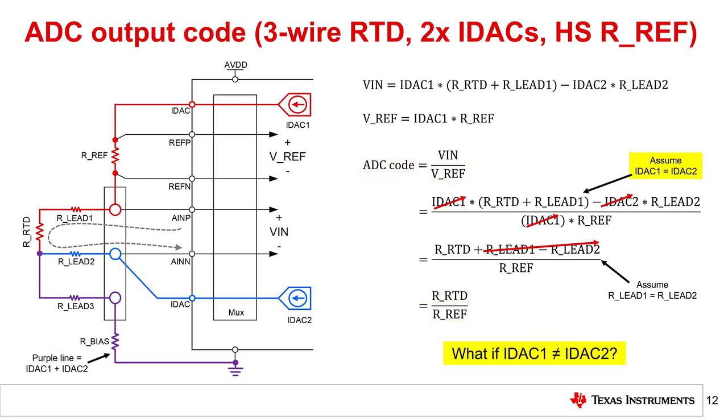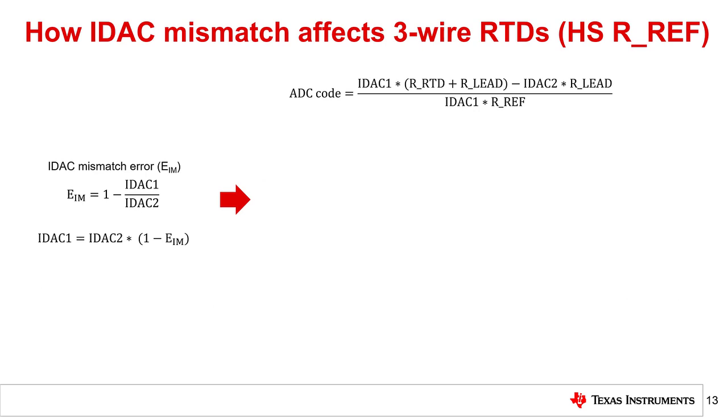Just as we did for the low side configuration, let's now analyze what happens if IDAC1 does not equal IDAC2. Shown on the left are the error terms we derived during the analysis of the 3-wire 2 IDAC circuit using a low side RREF. The general form of the ADC code equation for a 3-wire RTD measurement system using 2 IDACs and a high side RREF is shown on the right.